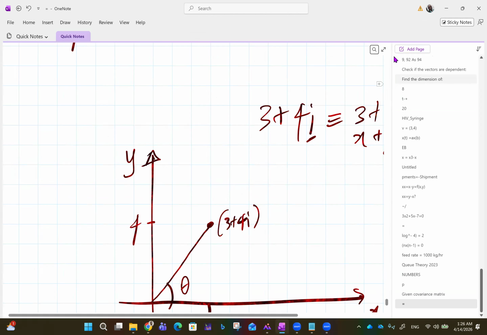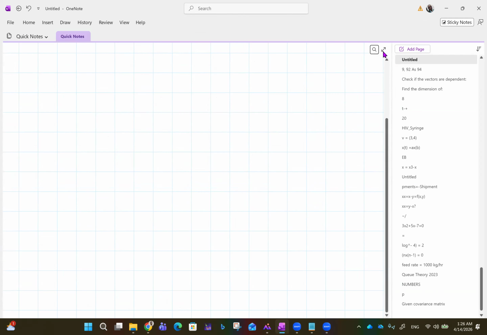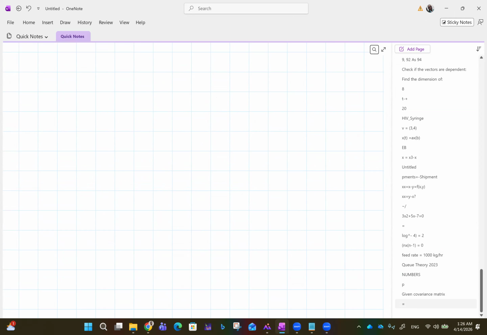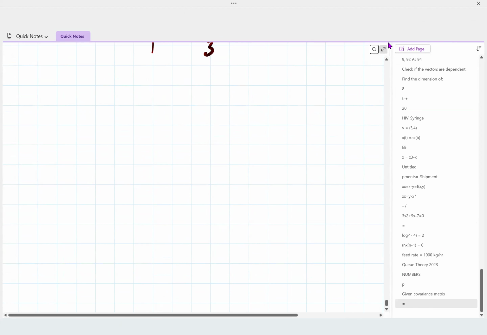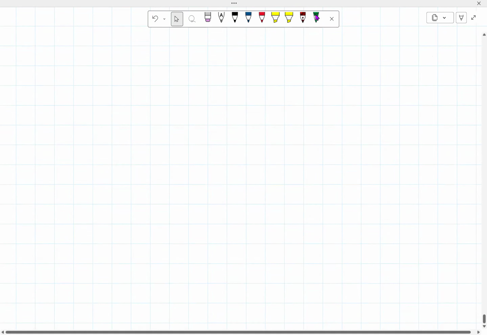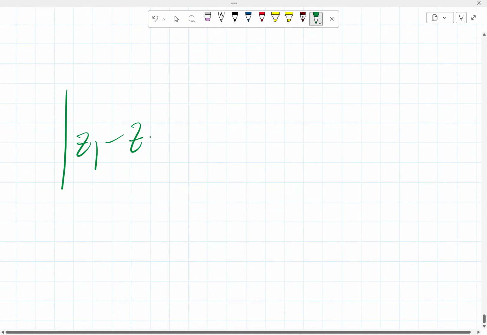So how do we arrive at this? You may be wondering. To arrive at that idea, you have the absolute value of z1 minus z2.